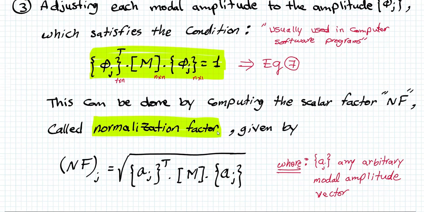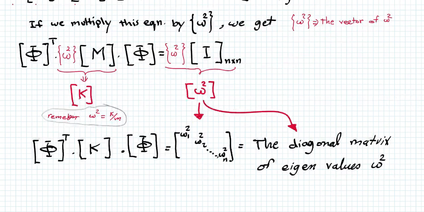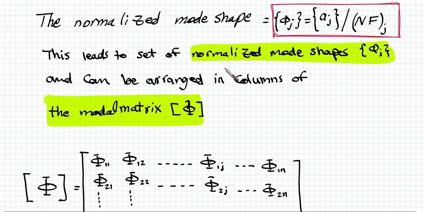Okay, now let's go to the next point and highlight how we are going to go with this type of normalization. So the normalized mode shape is going to be phi_j, equal to the unnormalized mode shape, which is A_j for example, over the normalization factor.